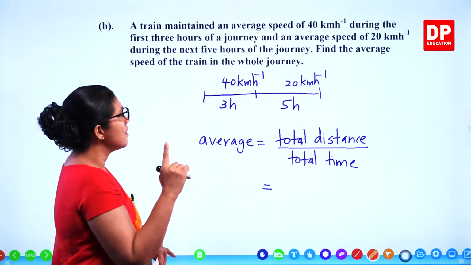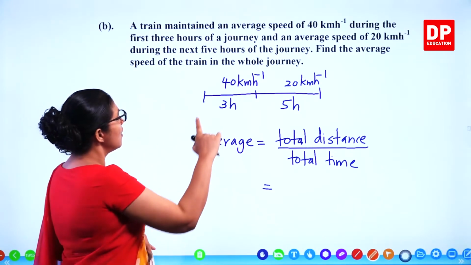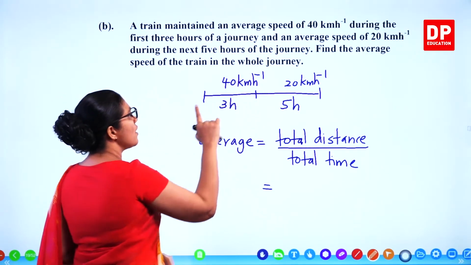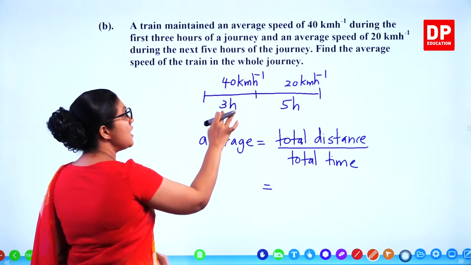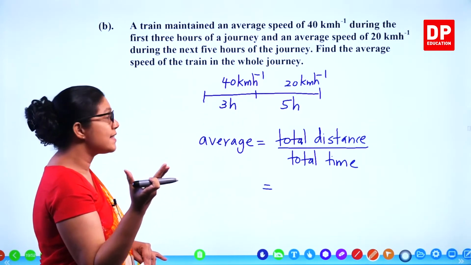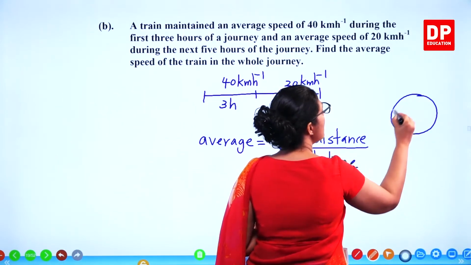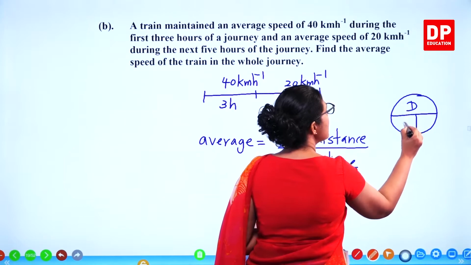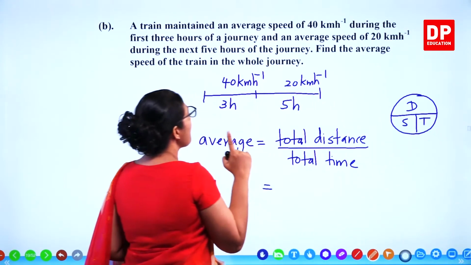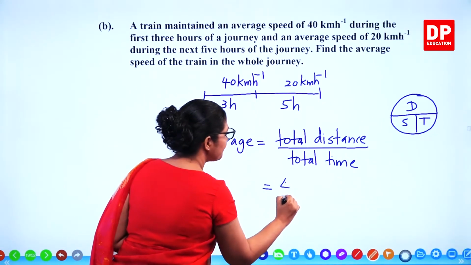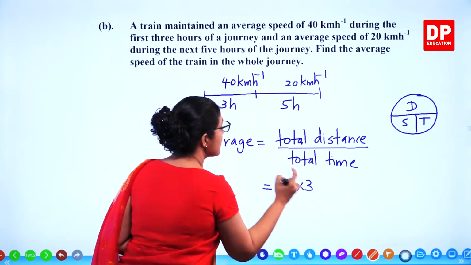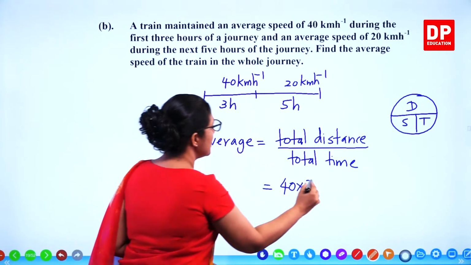Total distance, we have to separately find out. Each part, speed and time is given. How do you find out the distance? Speed into time. Can you remember? Distance means speed into time. 40 into 3, that's the distance for the first 3 hours.